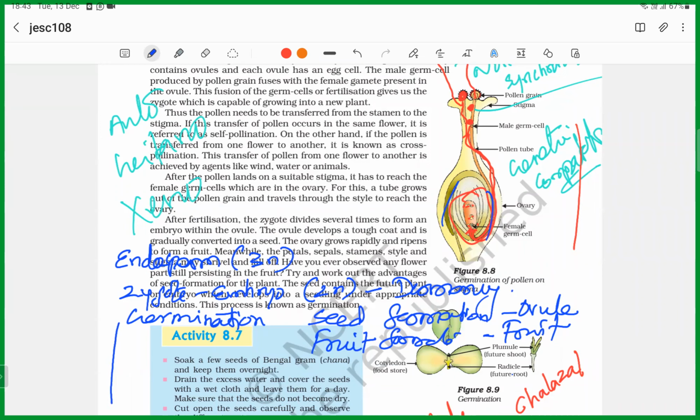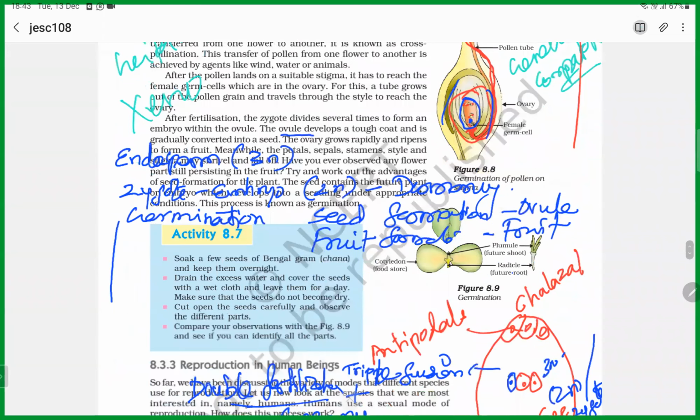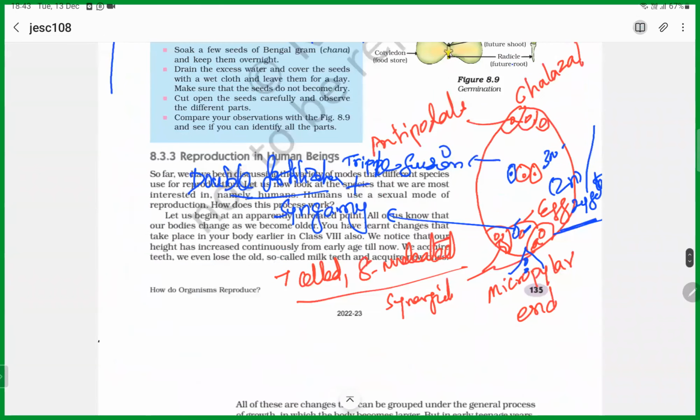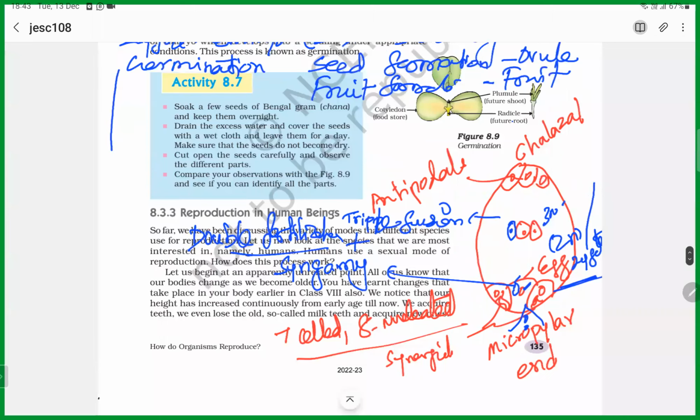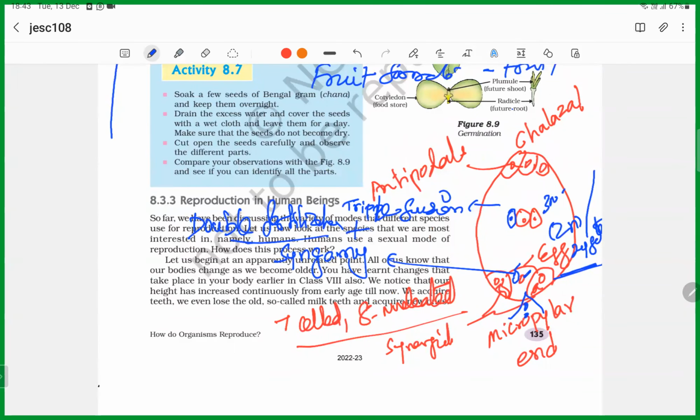Sir, ovule is already fertilized, no, sir? So it will be embryo only, zygote only, no, sir? See, listen. Inside the ovule you can see the egg cell is here. You remember? This full part is the ovule.